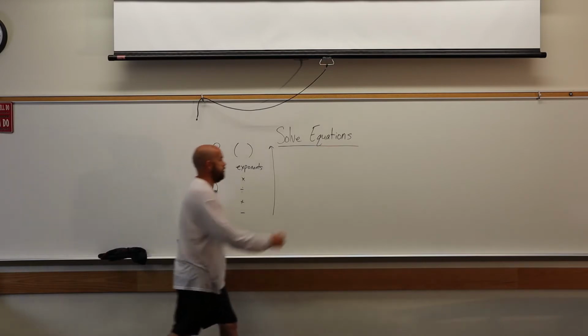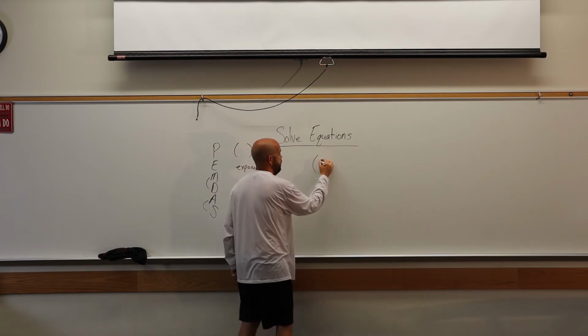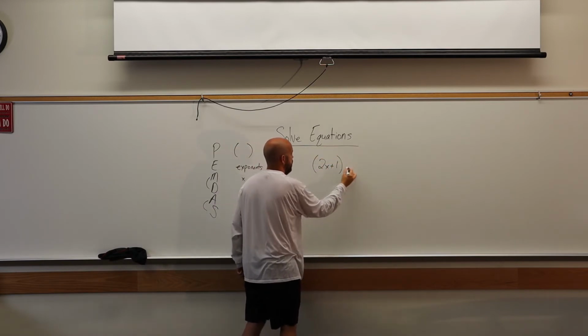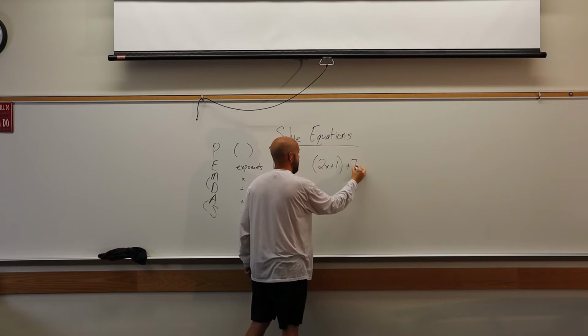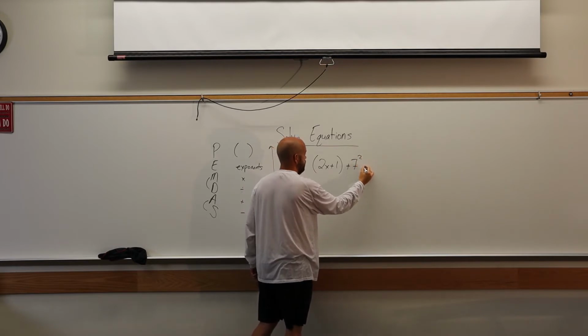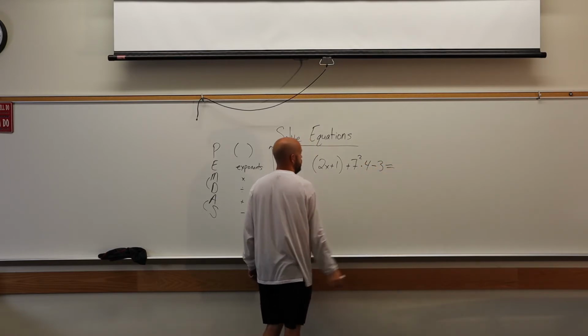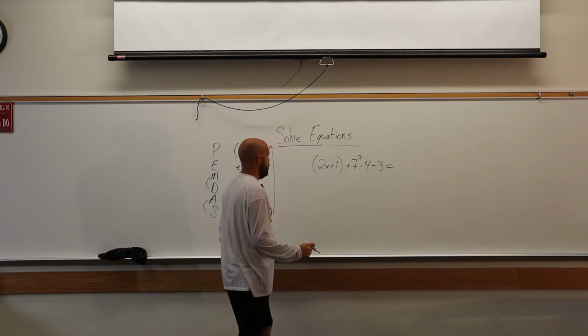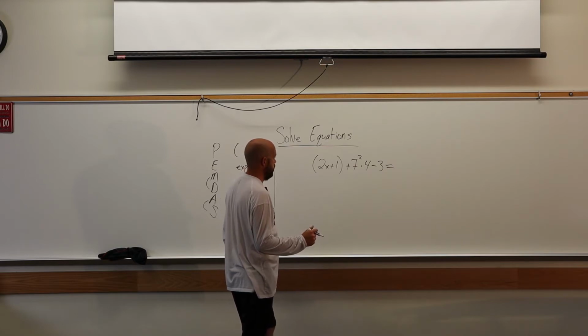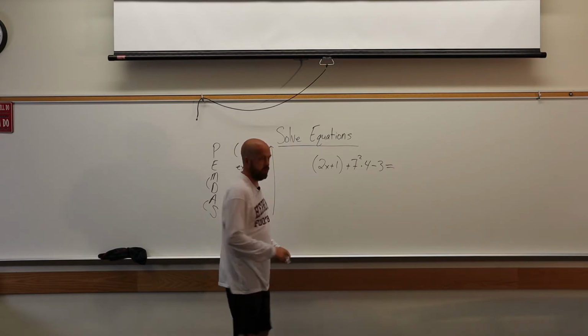So for example, let's say we have parenthesis 2x plus 1 plus 7 squared times 4 minus 3 equals... that's terrible.